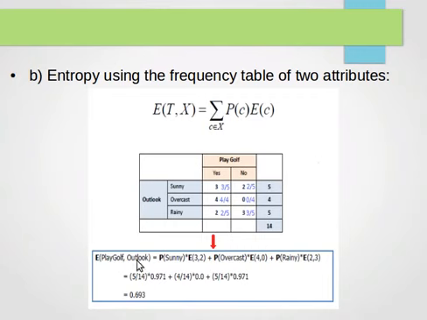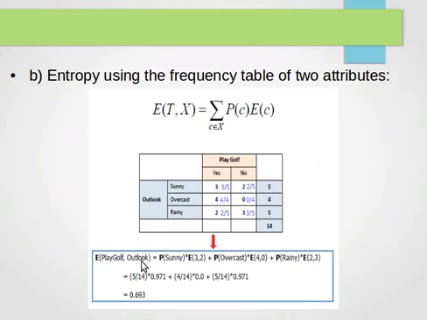for the target when we split by Outlook. The way we do that is we take the probability of the category times the entropy of that category, over all values of the category.